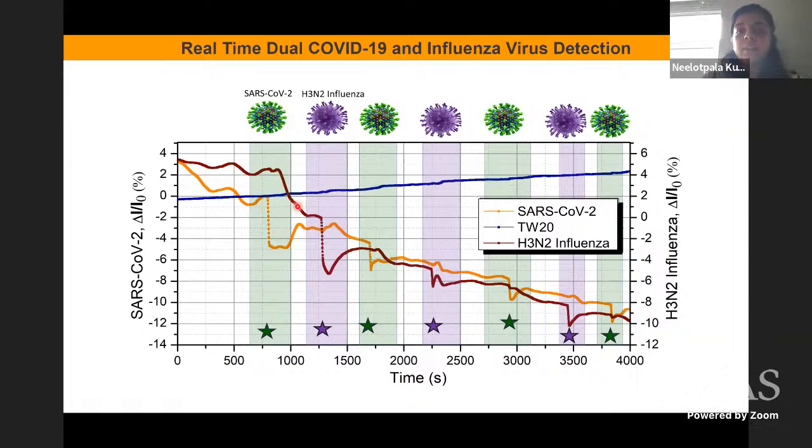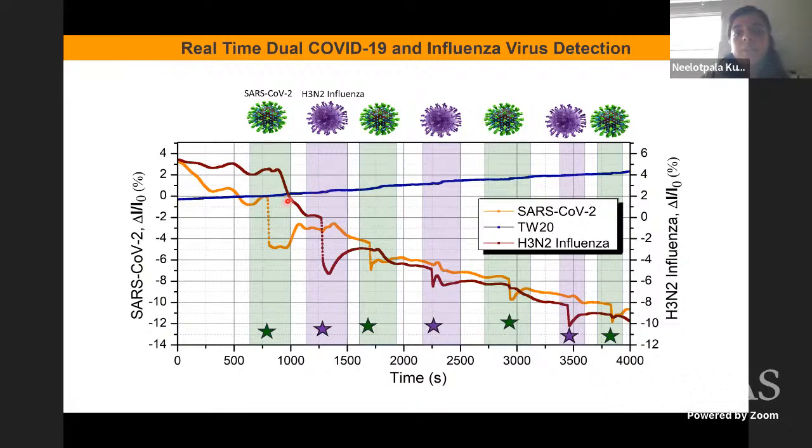The second curve is the flu curve, which means the current is coming from the FET modified with the flu antibodies. And the third one, tween 20, is coming from one of the controls.